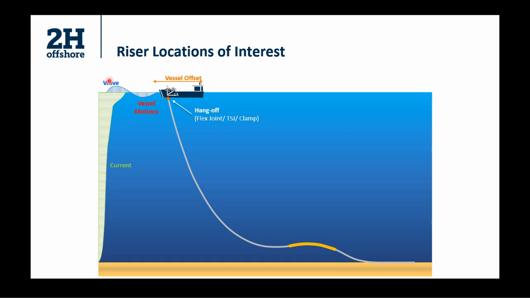The critical areas include the riser hangoff, which can be in the form of a flex joint, a tapered stress joint, or a clamp, the bottom of the sag bend, the top of the hog bend, and the touchdown zone. The touchdown zone critical point might be a singular touchdown point, but is most often spread over a region. These represent the hotspots that we had referred to earlier.